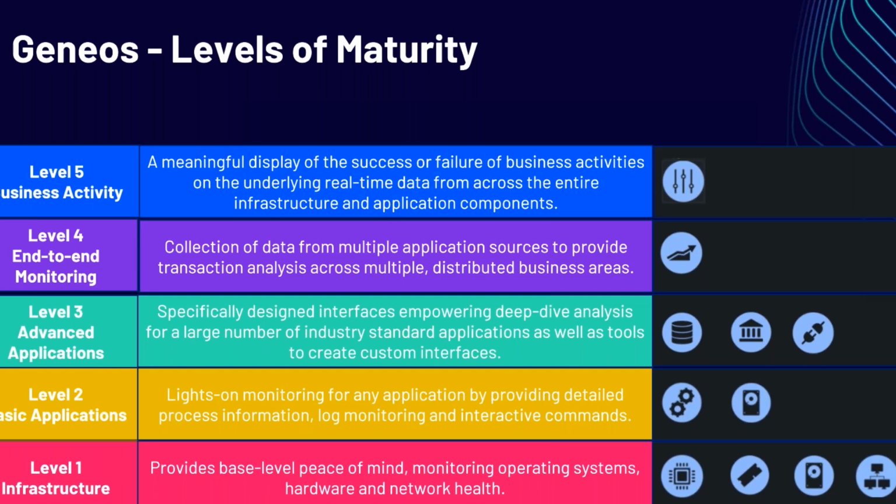And I say that because you cannot get to level 5 without obviously having done the levels below it. And the great thing about Geneos as well is that once you create certain dashboards or functionality for certain areas of the business, you're able to aggregate them at the top level and give that CTO or CIO visibility, which is what the business strives and drives on. So hopefully that's made it more clear to everyone here on the call.